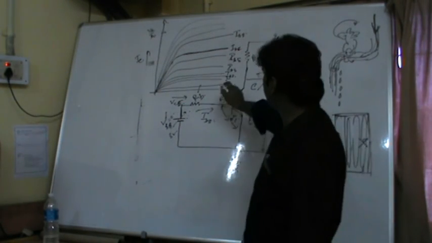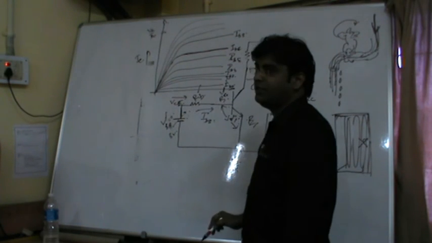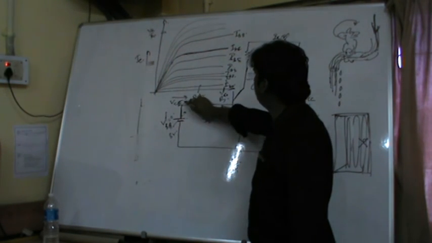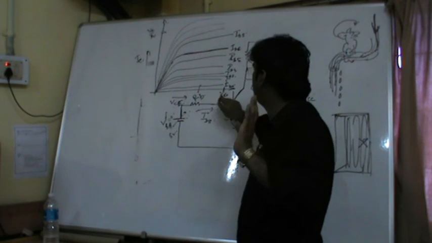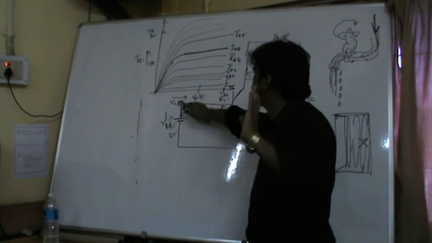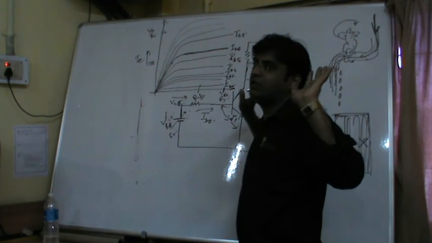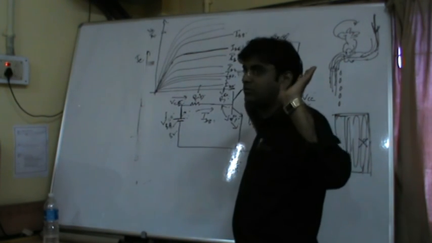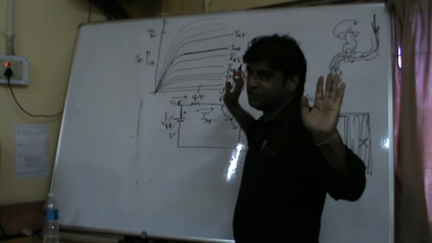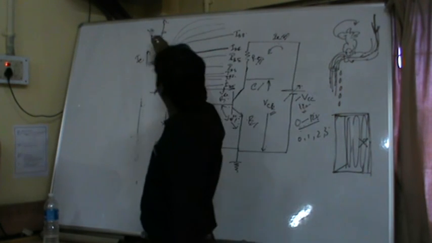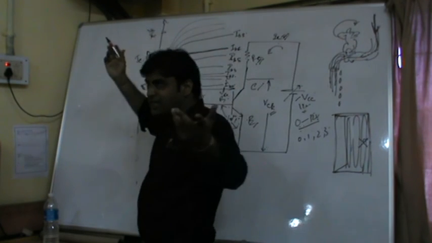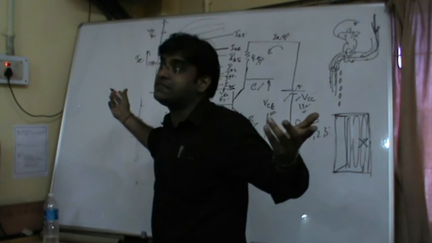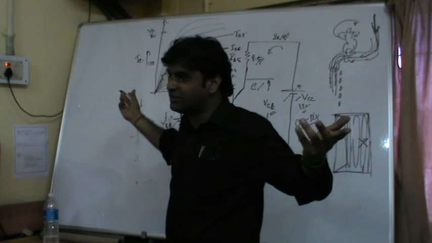VC is not able to be greater than VCC. There is a stop position, and the maximum value of IC is VCC by RC, as the maximum voltage is VCC, by Ohm's law.